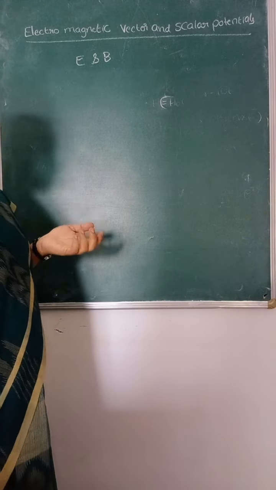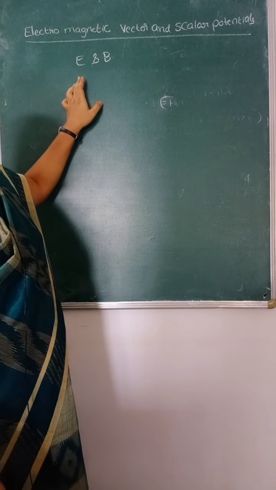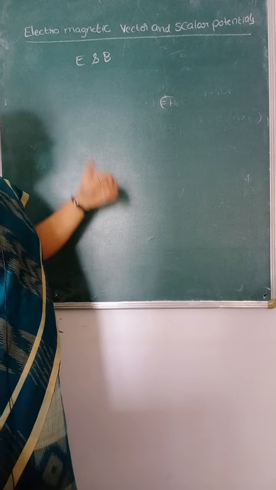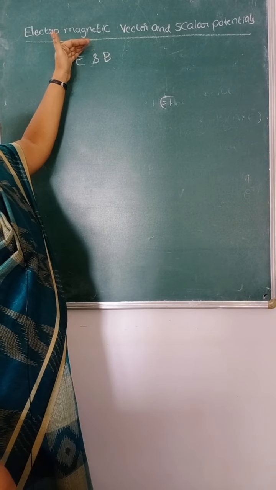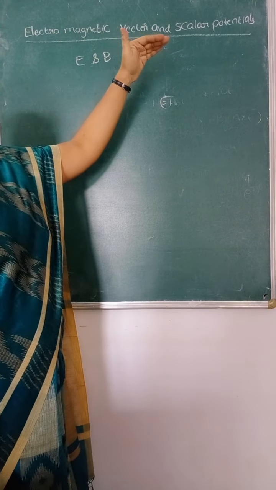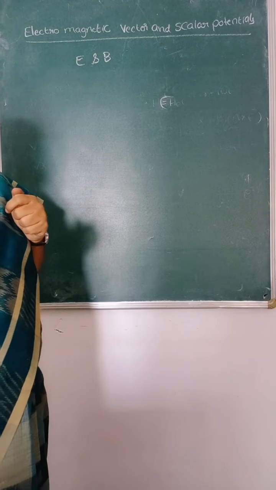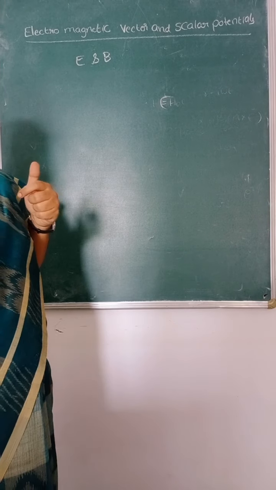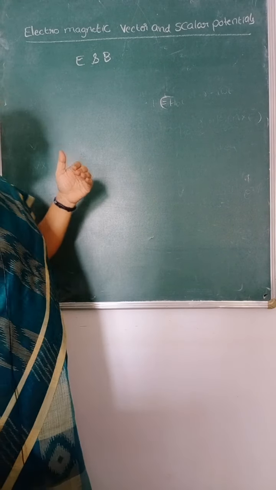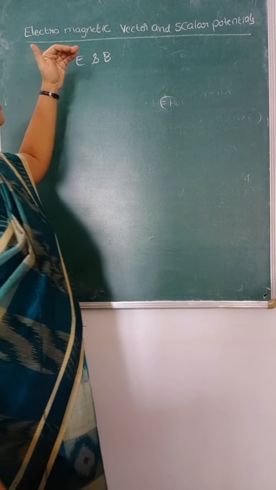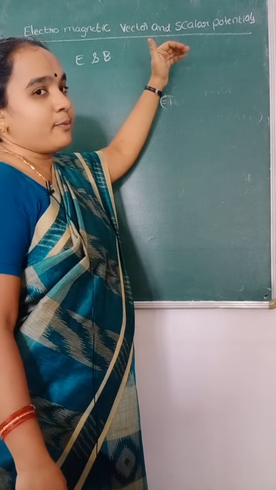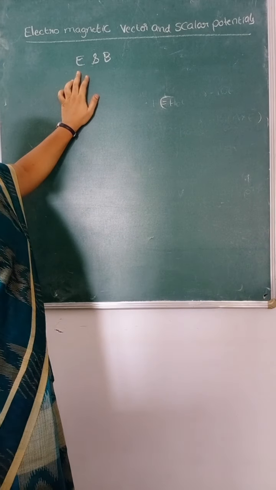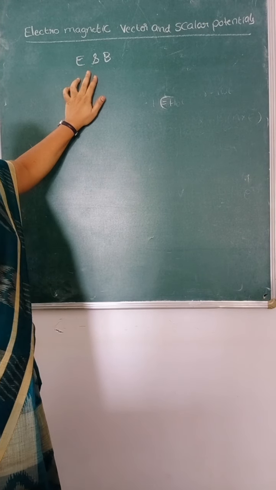There is another way to derive these electric and magnetic field vectors E and B with the help of electromagnetic vector and scalar potentials. Equations in terms of magnetic vector and scalar potentials can also determine the electric field vector and magnetic field vector.